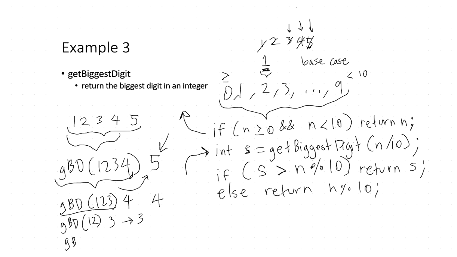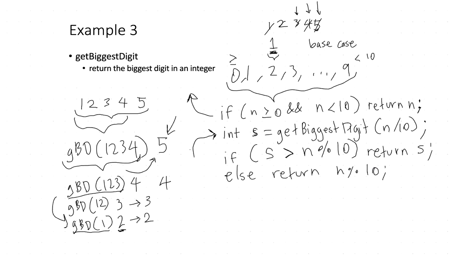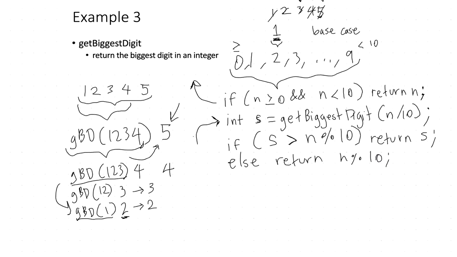And then this is what happens when you get to the base case. We're comparing GBD 1 versus a digit that you left behind, which is 2. So you just get 2. And when you get to the base case, GBD 1 will just automatically give you 1. So that resolves very fast.